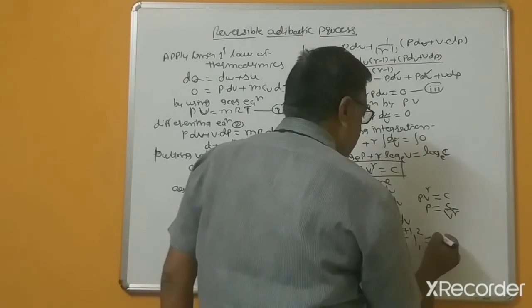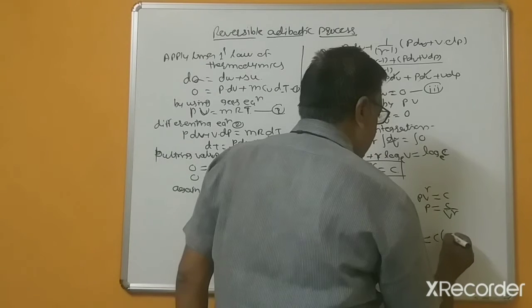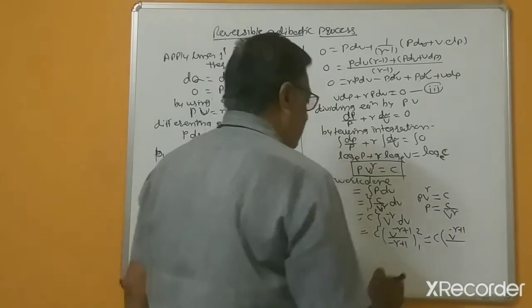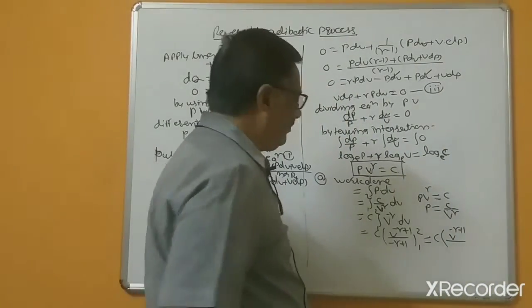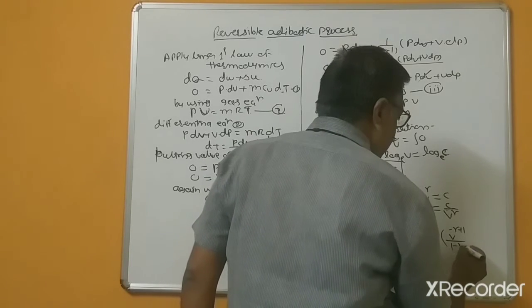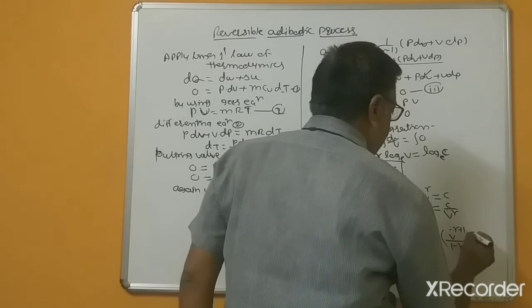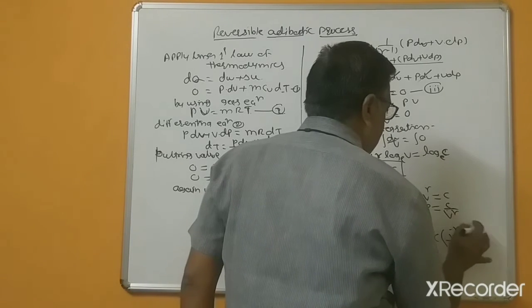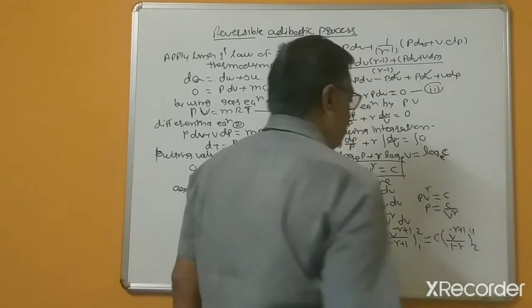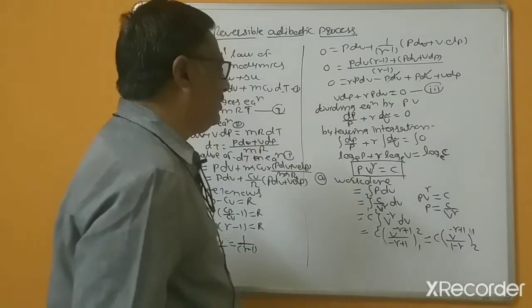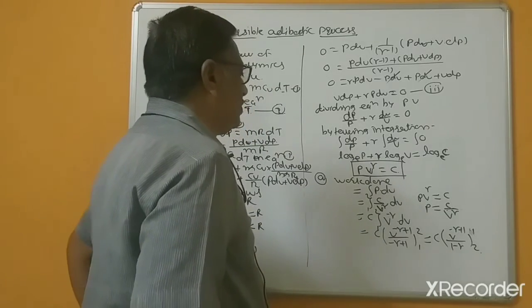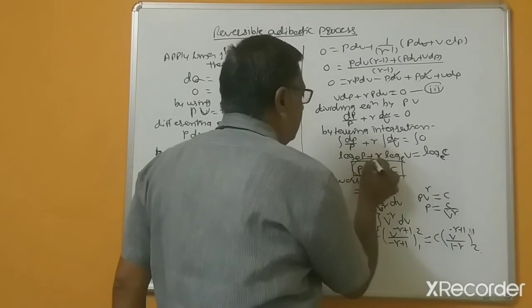Same equation we can write C times V raised to (1 minus gamma) divided by (1 minus gamma), limits 1 to 2.